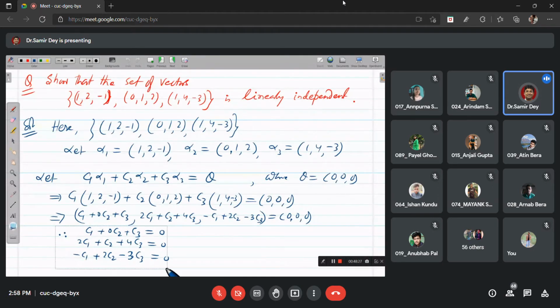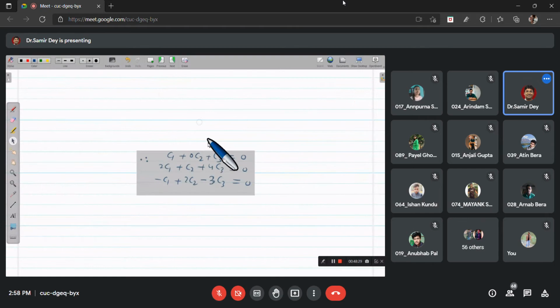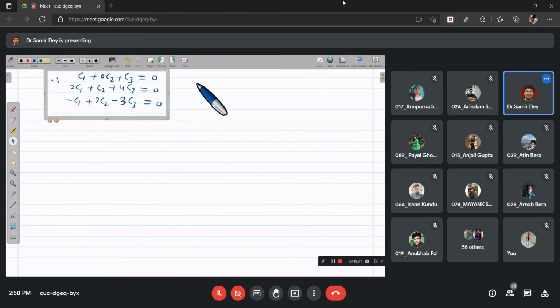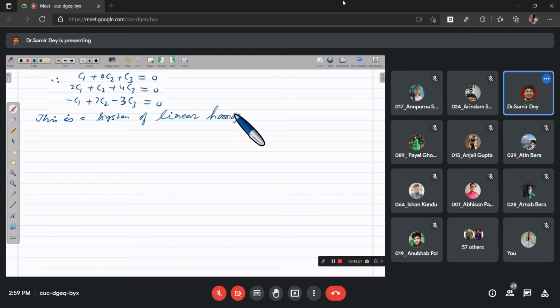Everyone, please check this. Now, this is a homogeneous system of linear homogeneous equations.